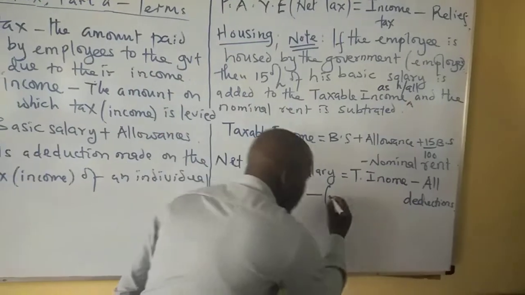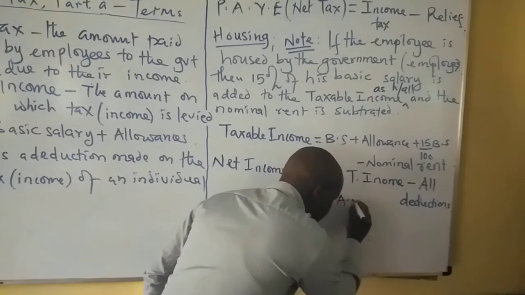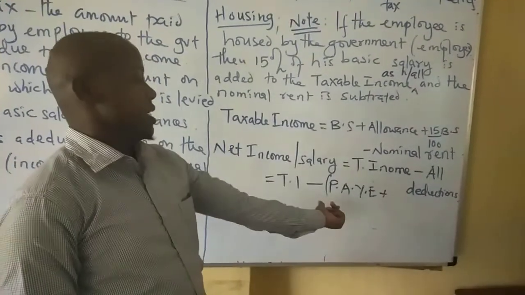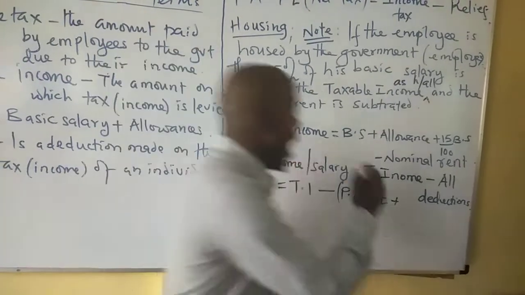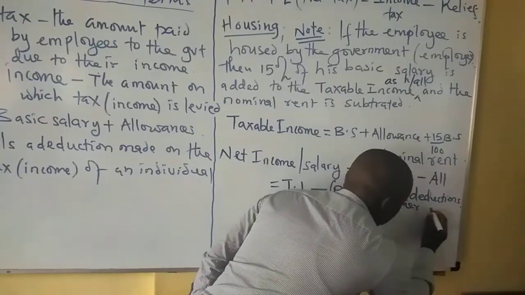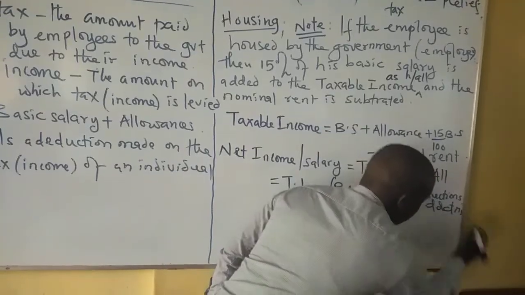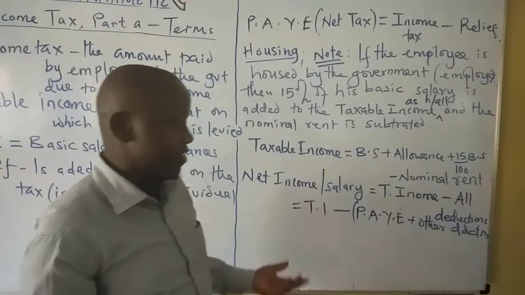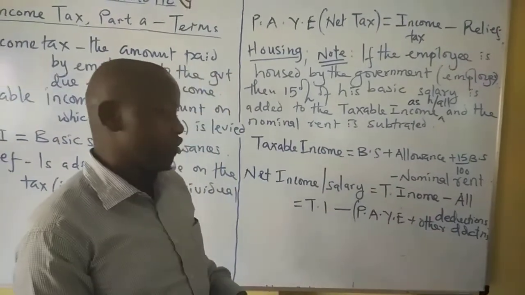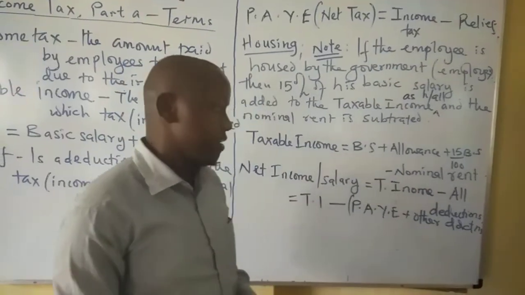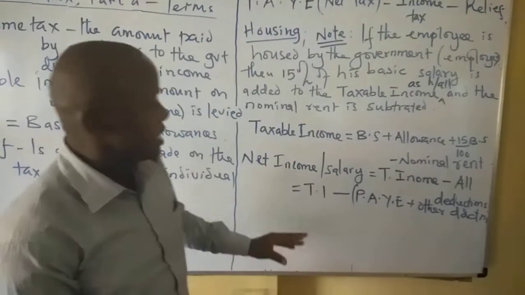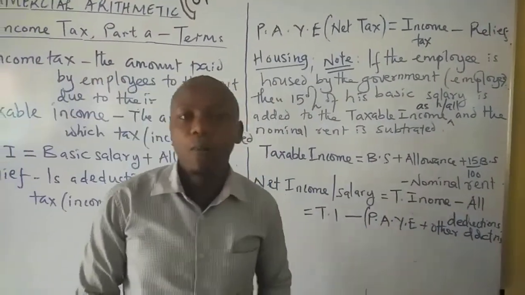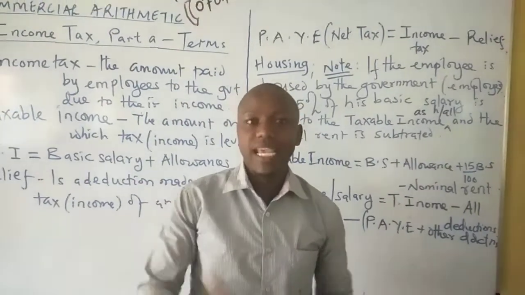The first deduction is PAYE, which is deducted by the government itself. Then we can have other deductions, which will include transport bills, medical bills, and paying premiums to given insurance companies. Being conversant with all these terms, we can now wait for an example in the next episode.